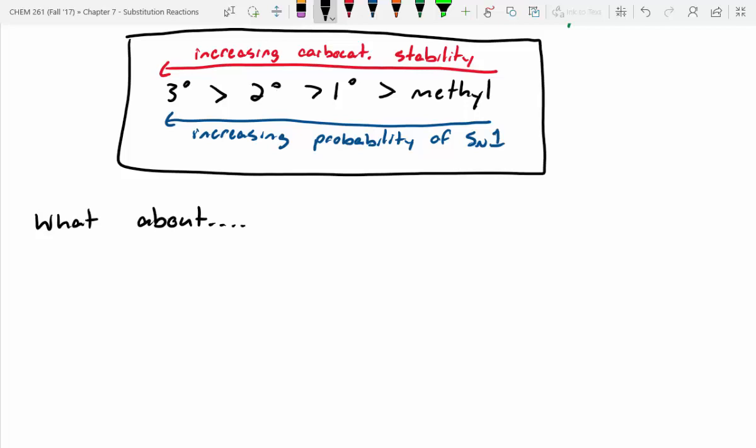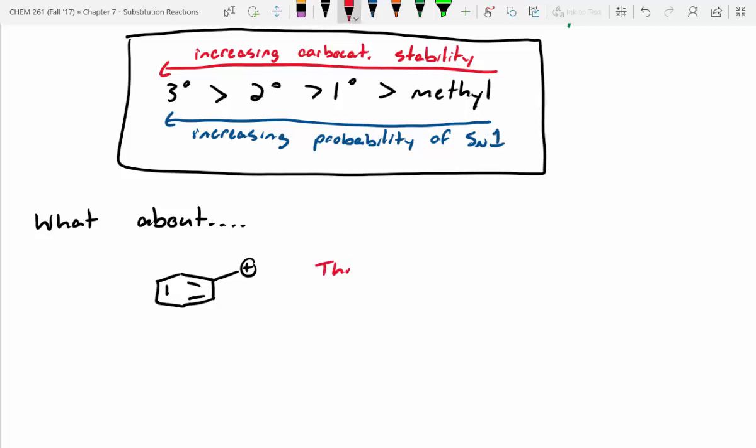What about this carbocation? Is that a primary carbocation? Yeah, I'd say it's still primary the way I have it drawn. But what's special about it? What's that? It has resonance, right? So resonance can delocalize that positive charge.